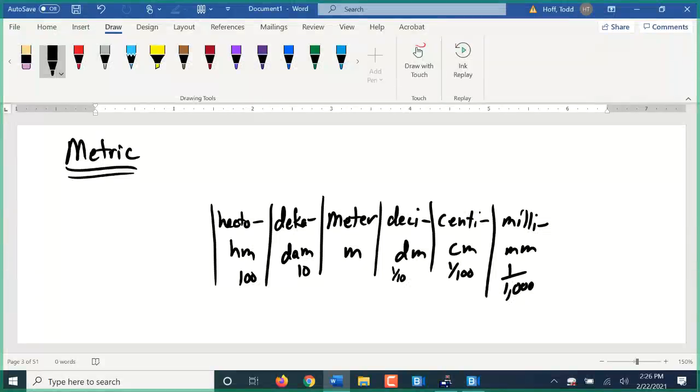Now the deca and hecto really don't get used for much anymore. Decameter was used for land measurement, actually. It was a strange unit. Really never did catch on. Kilometer, km, which is 1,000 meters.